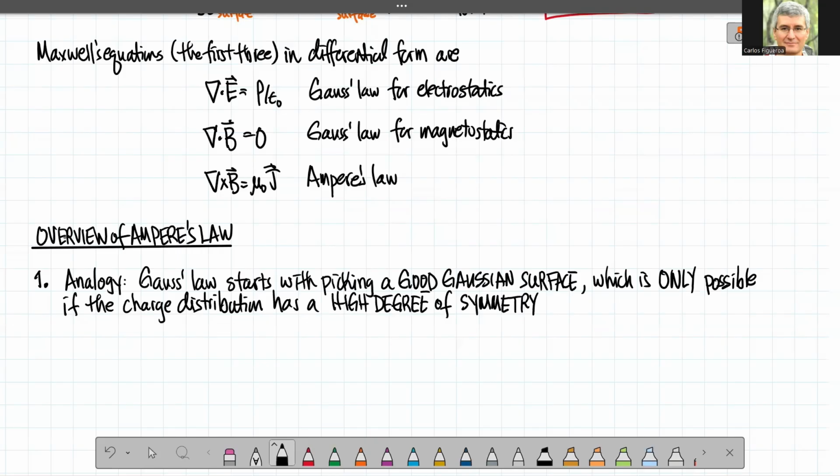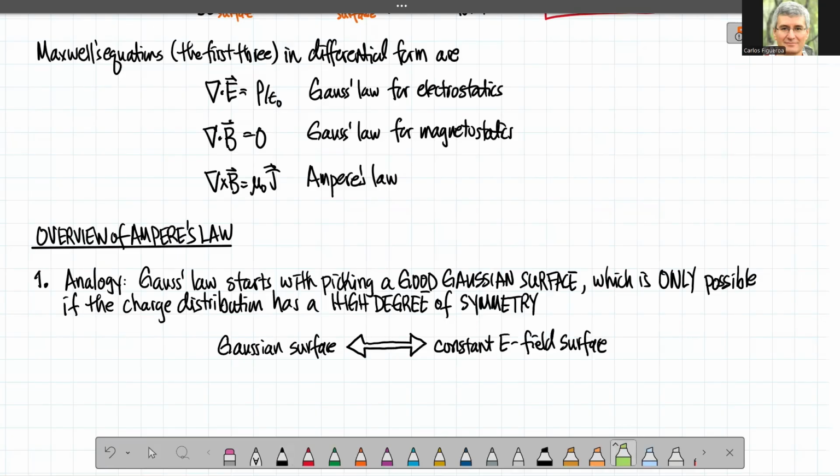That's key. So in other words, if I have a good Gaussian surface, that is the same as saying that we have a constant E field surface. Only then can we take the electric field out of the area integral, right? That's the only time we can do that.